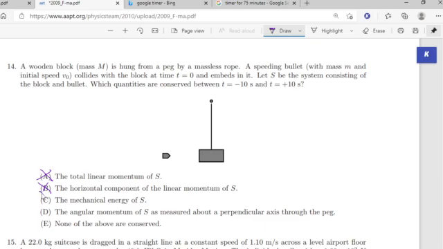There's heat, and there are no external torques acting on the system. Oh, just gravity, but gravity would actually. Okay, so.